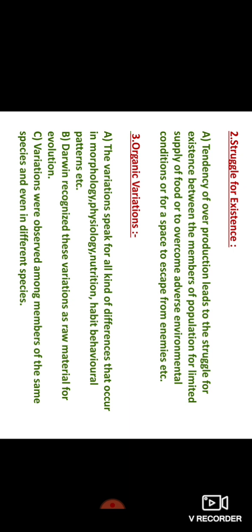Next, organic variation. This covers all kinds of differences that occur in morphology, physiology, nutrition, habit, and behavioral pattern. Darwin recognized variation as the raw material for evolution. These variations were observed among members of the same species or different species.